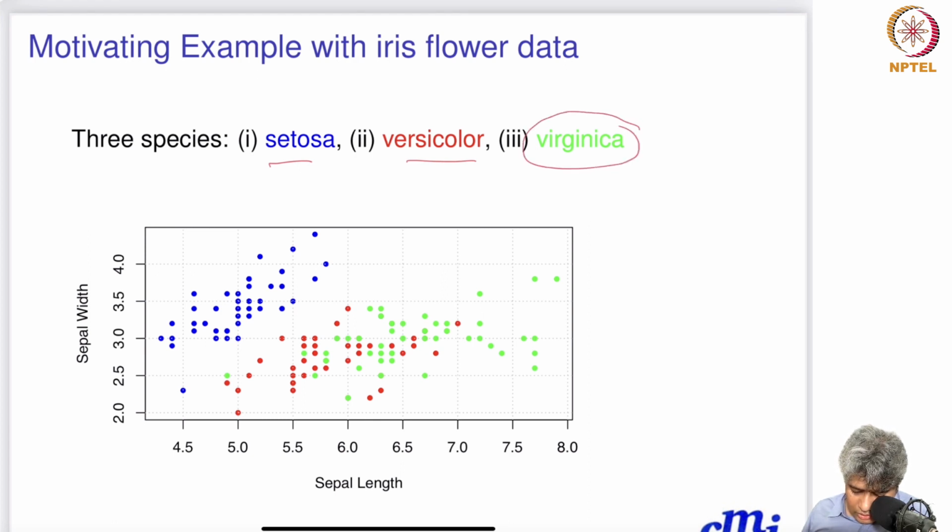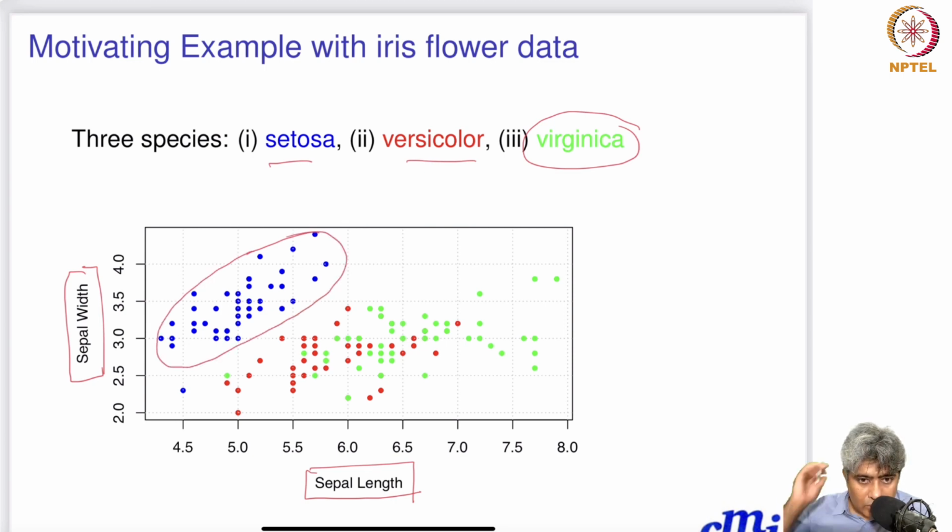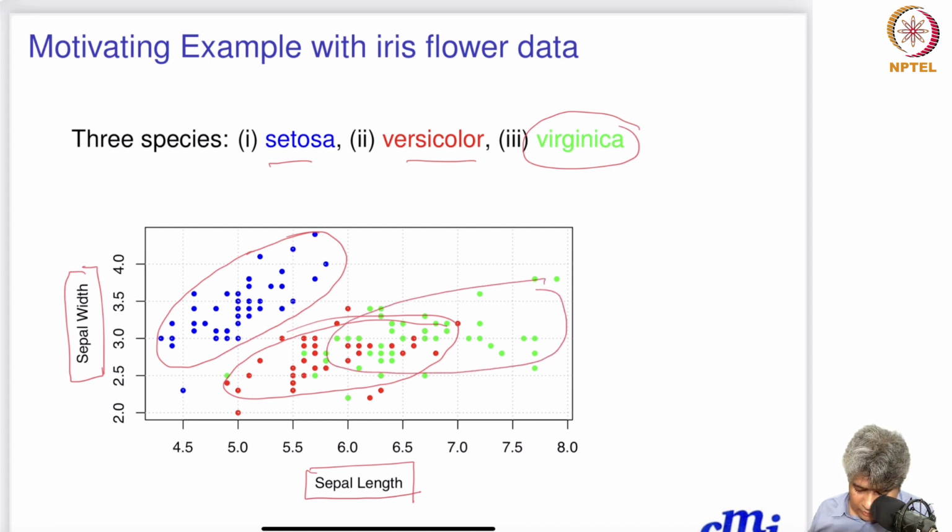If you look at the plot, on the x-axis we put sepal length and on the y-axis sepal width. We see that the setosa are completely separated. Most points of versicolor are somewhere here, and virginica is somewhere here.